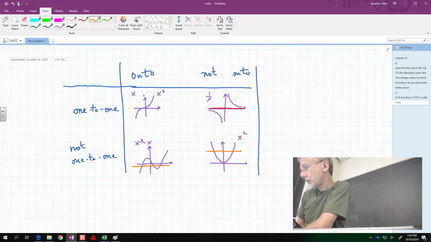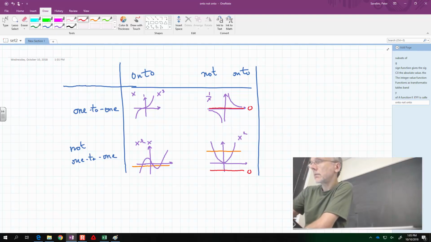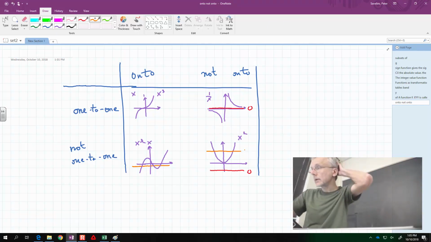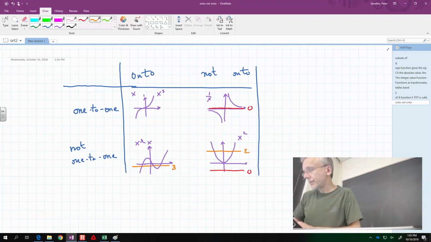So it has two intersections here, and then 0 intersections there. Okay, 0, 0, 2, 3. Orange, 2 and 3. So I'm marking the number of intersections of my graph with this particular horizontal line.